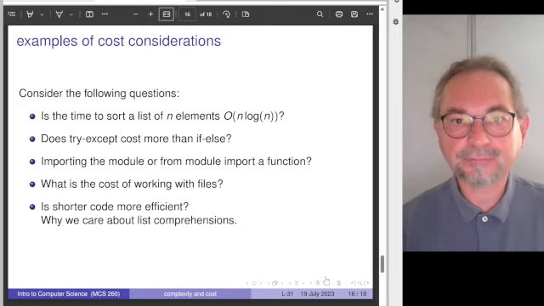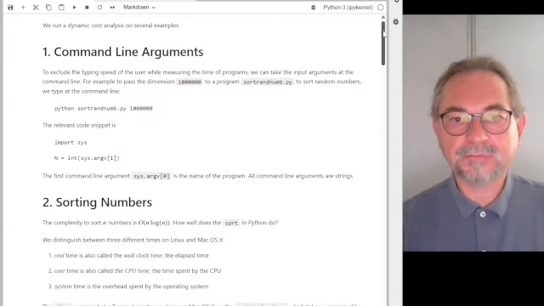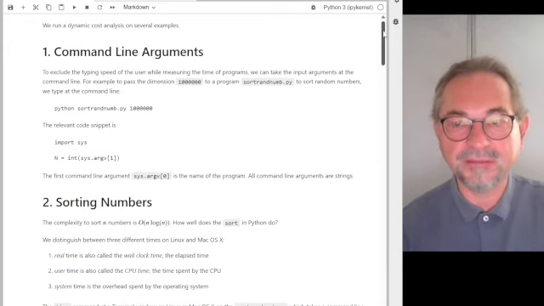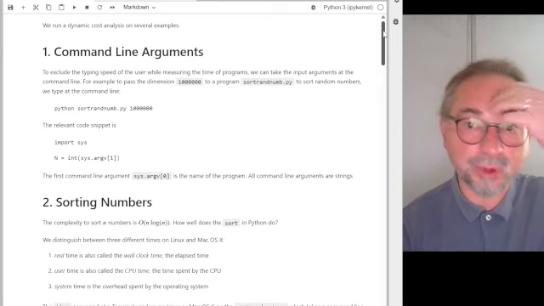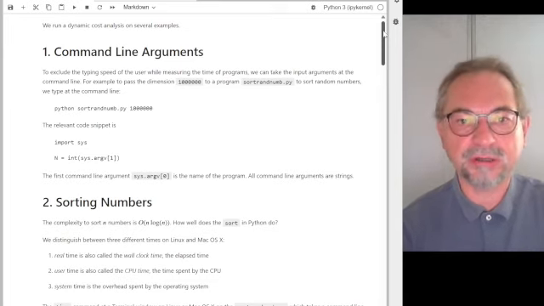Okay, I have a Jupyter notebook prepared. So I will start with the command line arguments. Because we will do the timing at the command prompt, the timing to sort numbers.